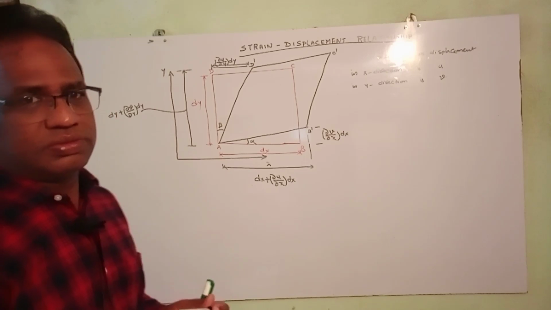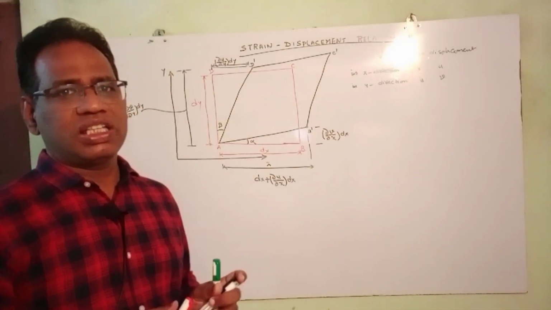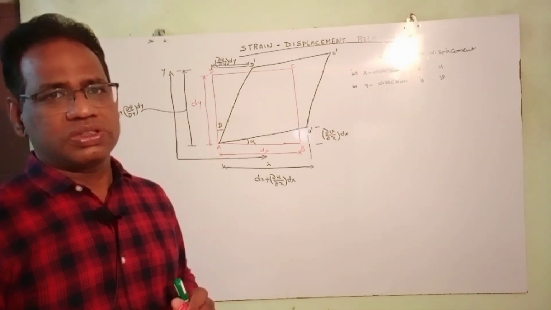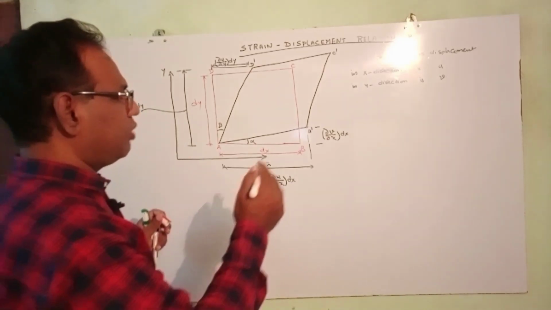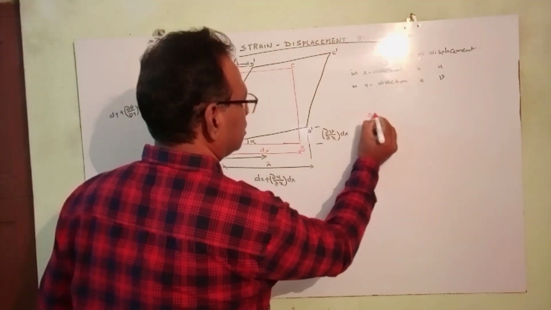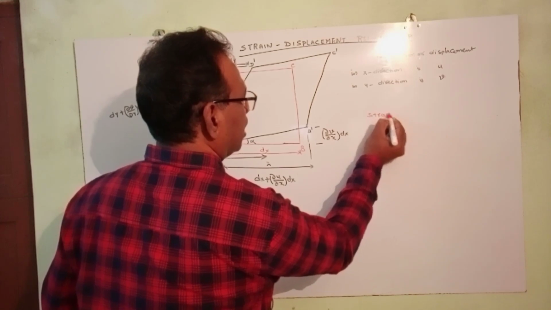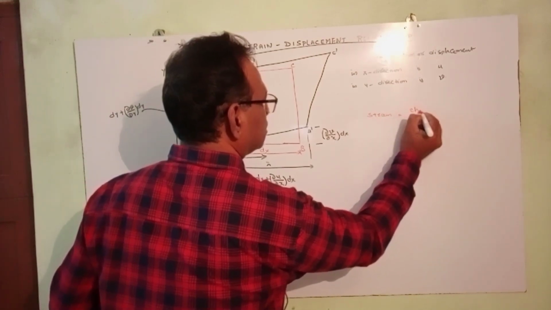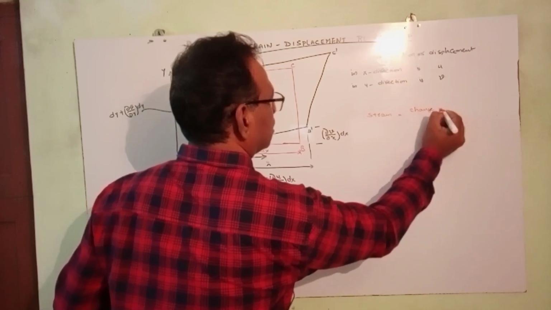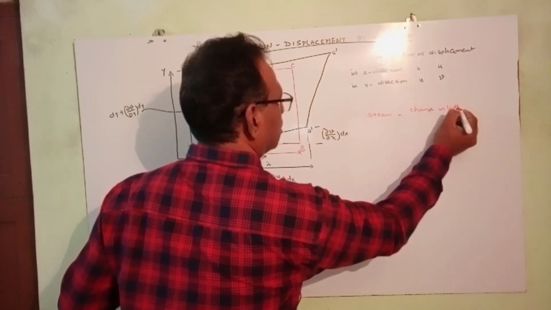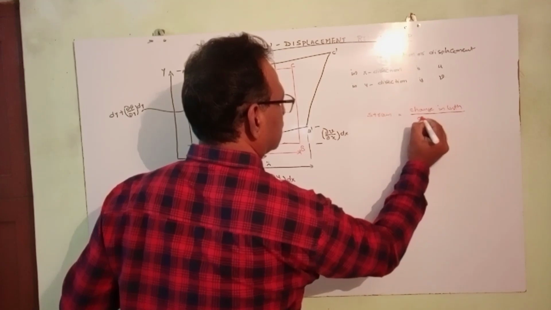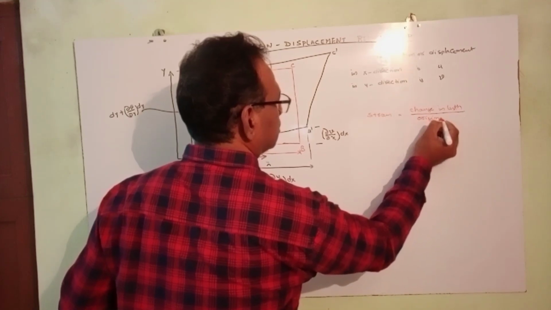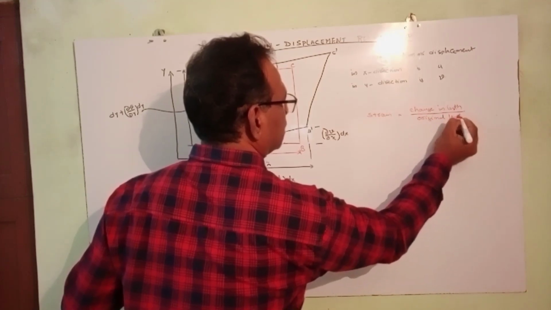Now, what is strain? Strain is nothing but change in length by original length. So now I am going to derive what is strain, equal to elongation, or change in length, by original length. What is the change in length?